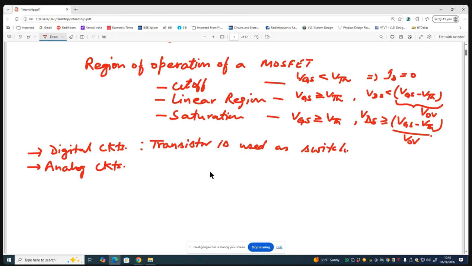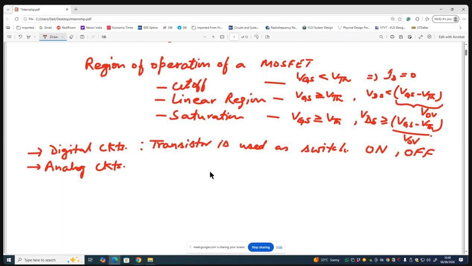Transistor is used as switch means we refer to the operation of the transistor as the transistor is on, transistor is off, like this in digital circuit. We are not concerned with the regions.